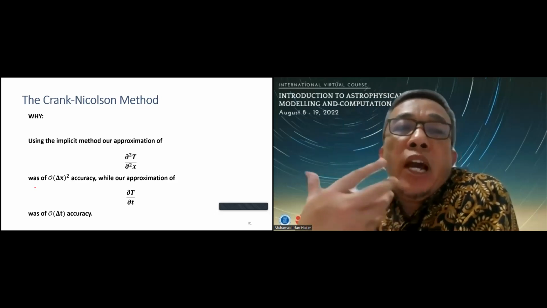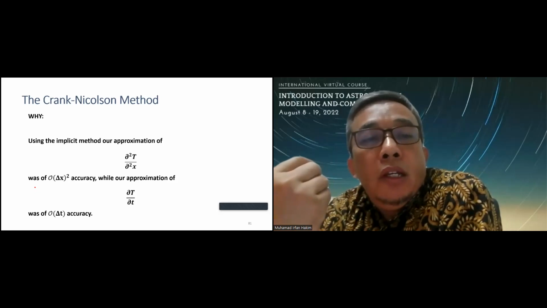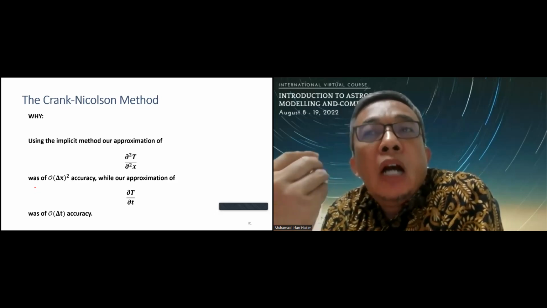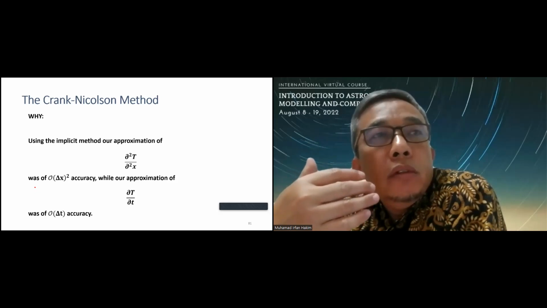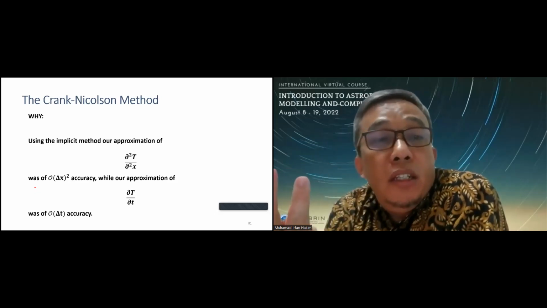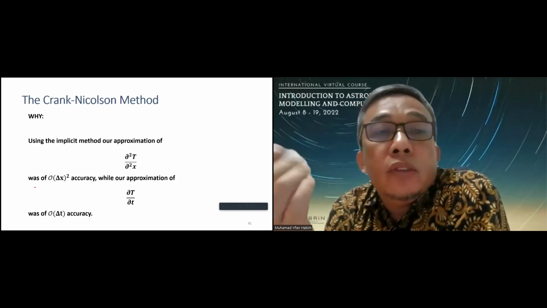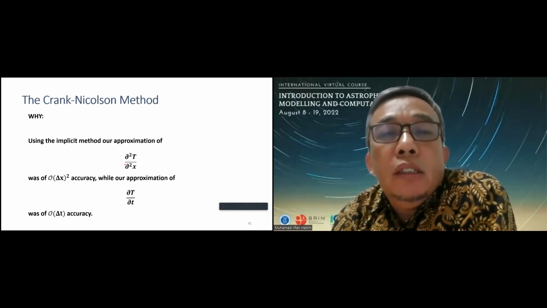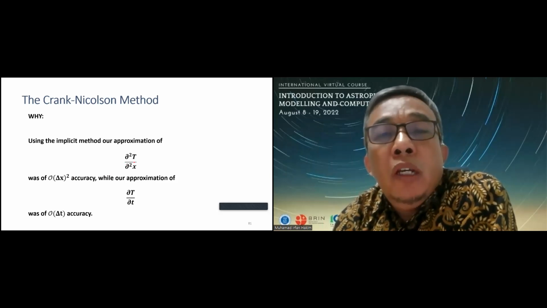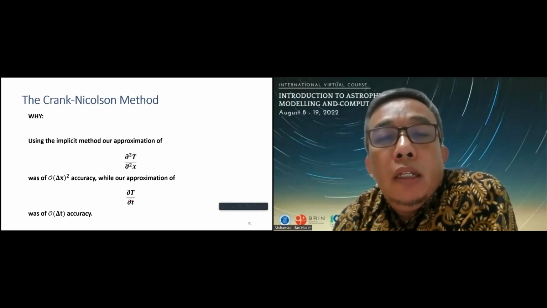The idea behind this method is how to make the accuracy of two terms similar: the second derivative of temperature here, for example, and the first derivative of temperature to time here.